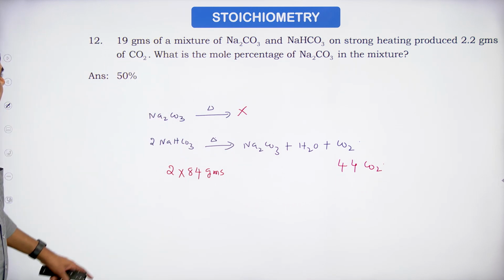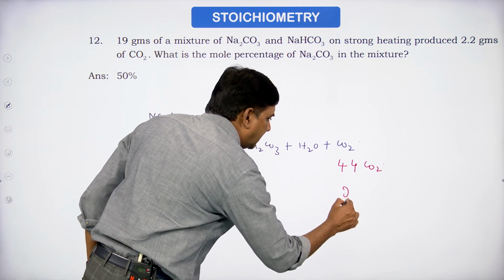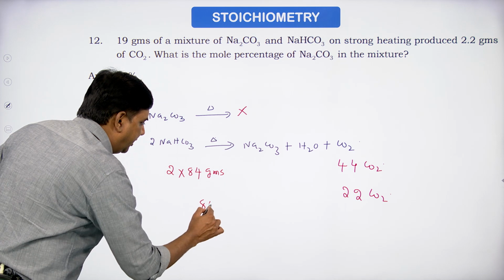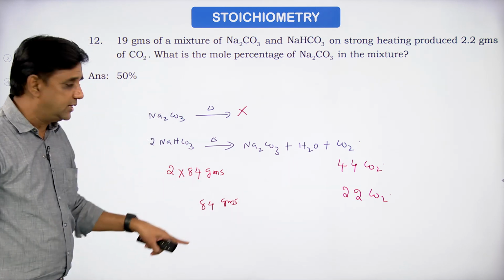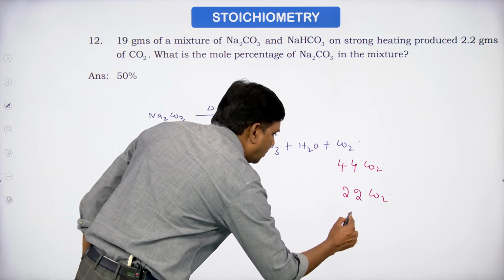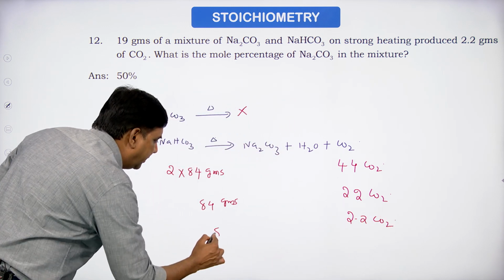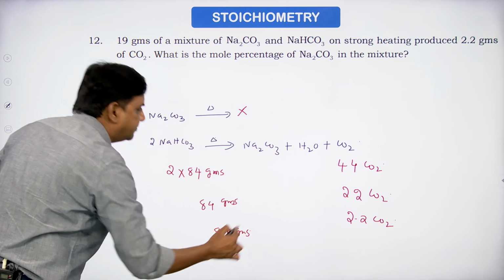But how much is obtained? 2.2 grams. So, 22 grams of carbon dioxide is obtained by 84 grams of sodium bicarbonate, by 2 that side, by 2 this side. So, this how many grams? 84 grams. Then 2.2 grams of CO2 is produced by 8.4 grams of sodium bicarbonate.